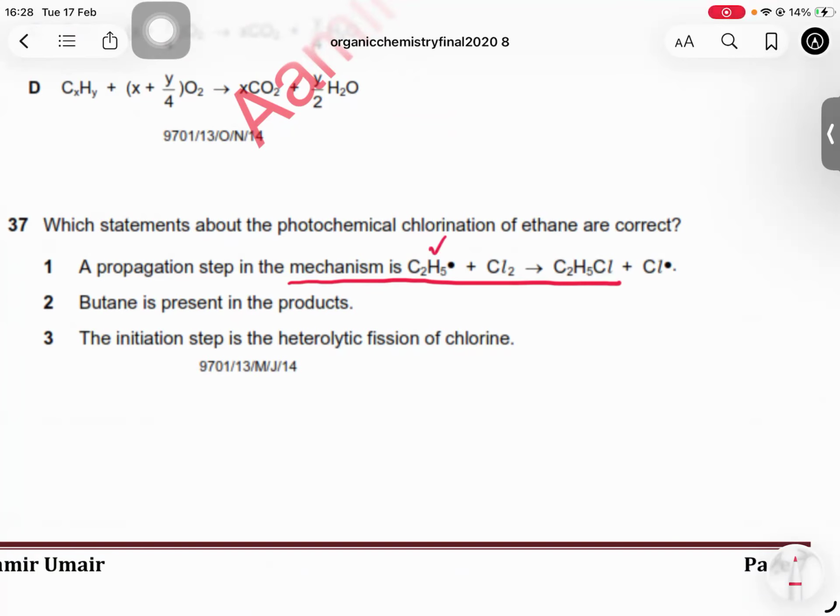When carbon is a free radical, it takes Cl from Cl2 and makes another free radical. Butane is present. Yes, butane is the dimer of ethyl, so it forms. Initiation step is heterolytic fission. So 1 and 2 are correct, right? So that's all. We'll continue this. Tomorrow we will do alkenes. Thank you.